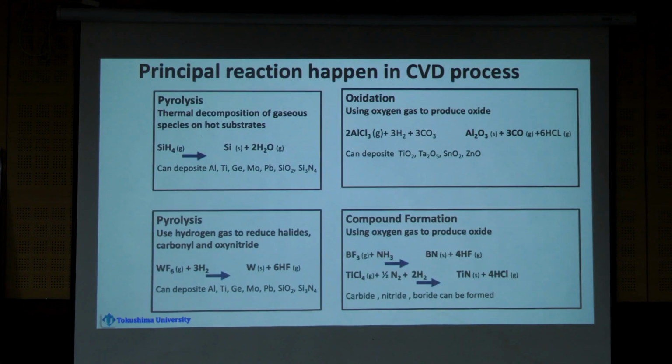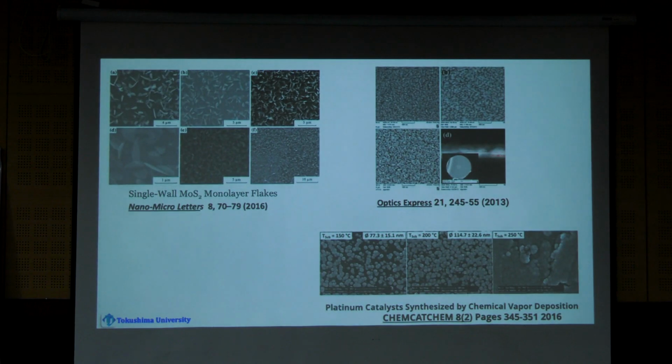So these are some of the chemical reactions that occur in the CVD method, like pyrolysis, separation of species, oxidation. Sometimes hydrogen reacts with hydrogen, sometimes hydrogen reacts with sulfur also, and H2O gas can be released, sometimes chlorine gas can be released, depending on what kind of gas you use. And these are some examples of nanostructures.